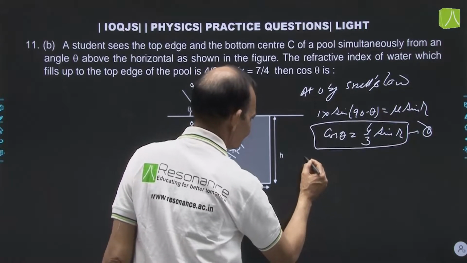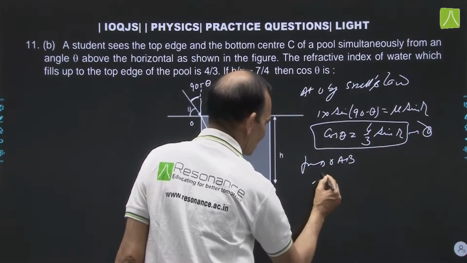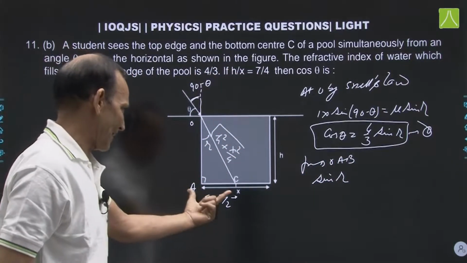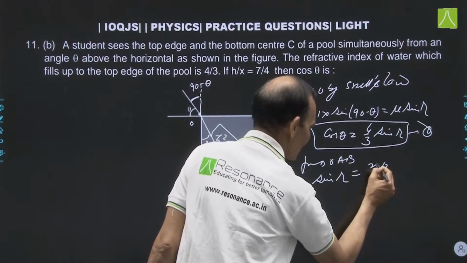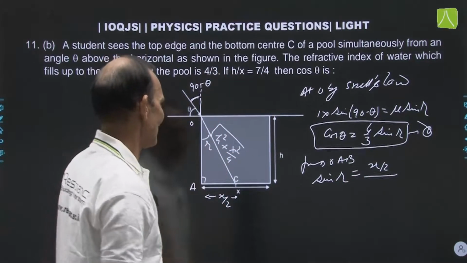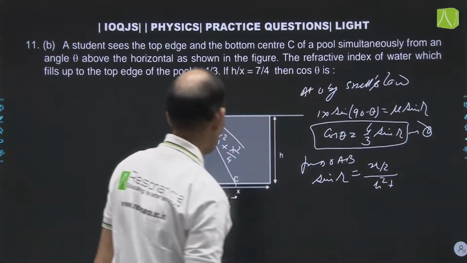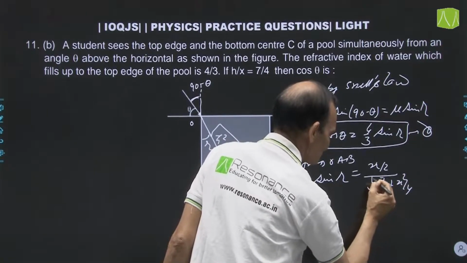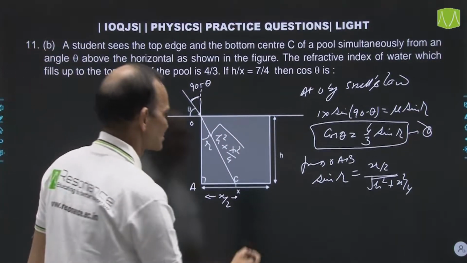From triangle OAC, find the value of sin of r. Sin of r will be equal to perpendicular x by 2 whole divided by hypotenuse, square root of h square plus x square by 4. It is sin of r. Put the value of sin of r in equation 1.